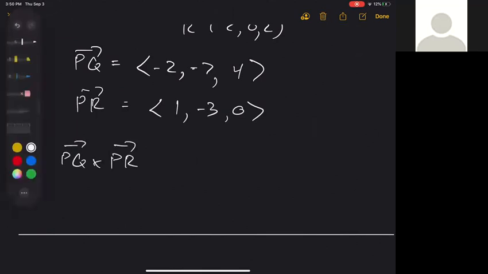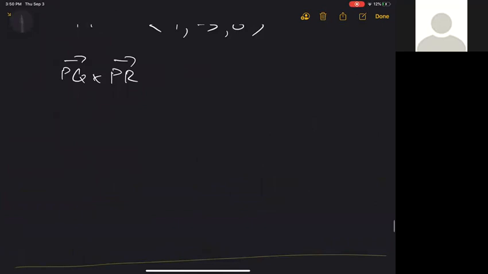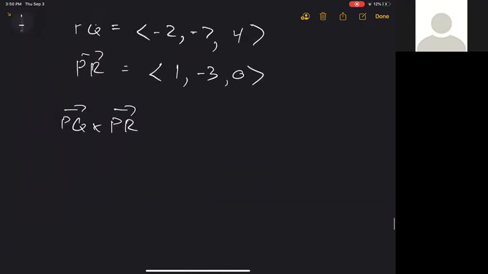Remember, that's all about finding that determinant. How do we do that? We make our matrix with i, j, k. I like to put little bars around my matrix, because typically a matrix has these.